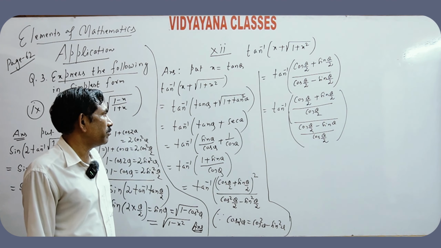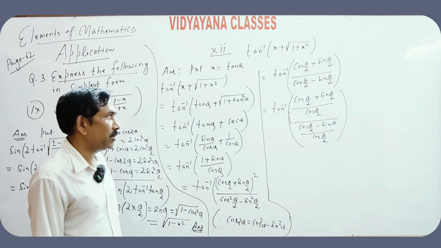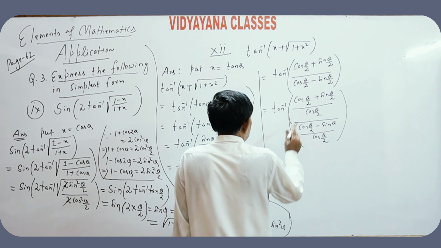Dividing cos theta by 2 in numerator and denominator, this by this is equal to 1.